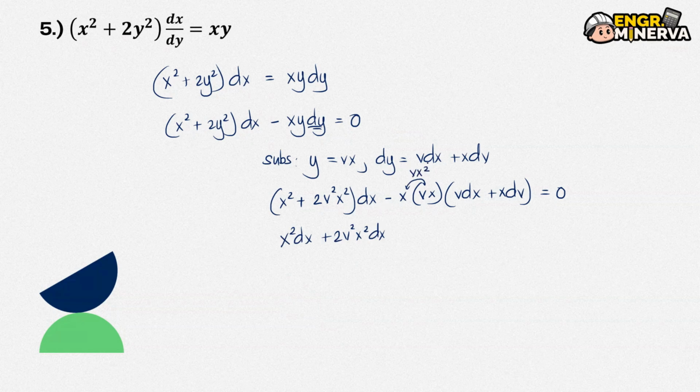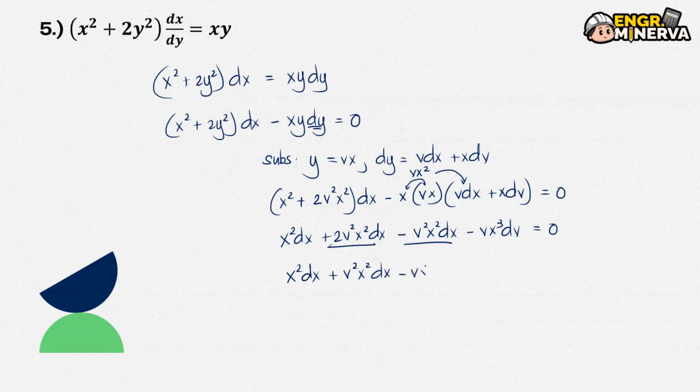Okay. Then we distribute that one here. So that would be minus v squared x squared dx and minus v x cubed dv equals 0. Then you check if there are terms that we could combine or eliminate. Yes, this one. So we are left with v squared x squared dx minus v x cubed dv equals 0.